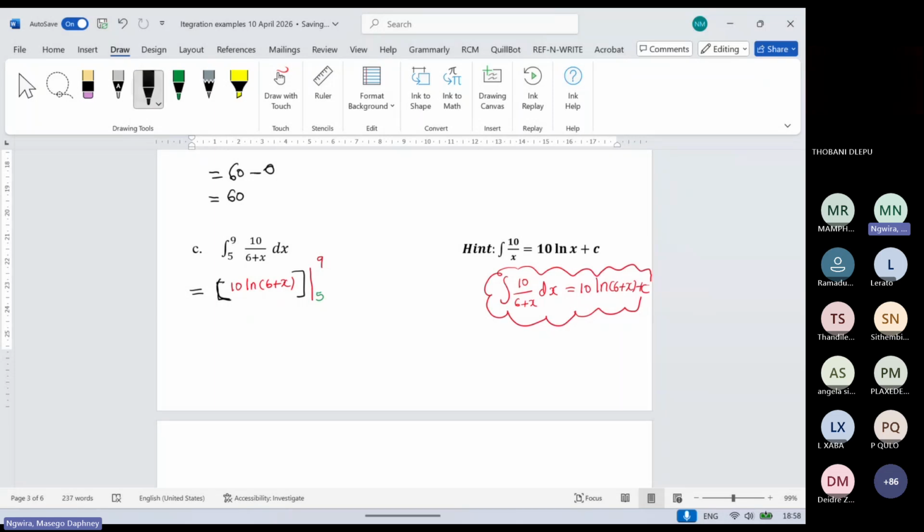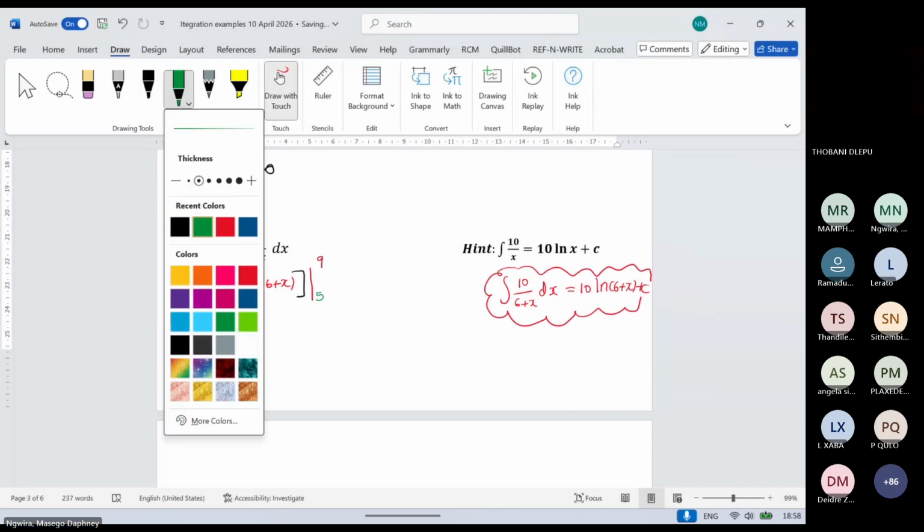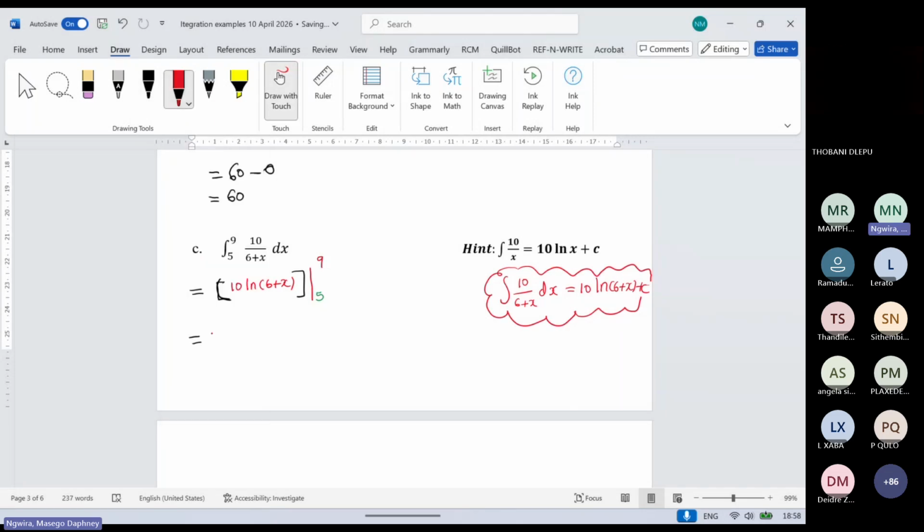And now we can apply the limit. We're going to start with the red limit. I will have square bracket, 10 ln of 6 plus 9.